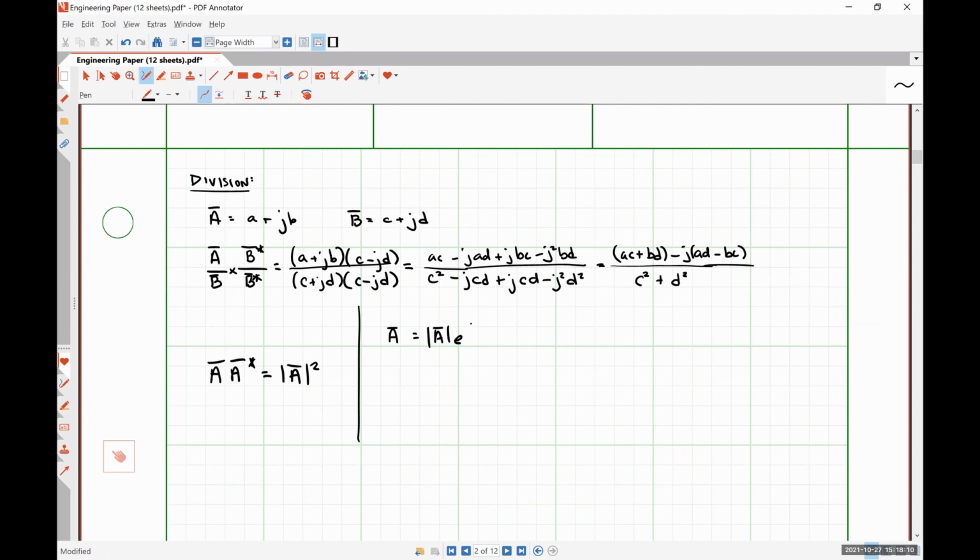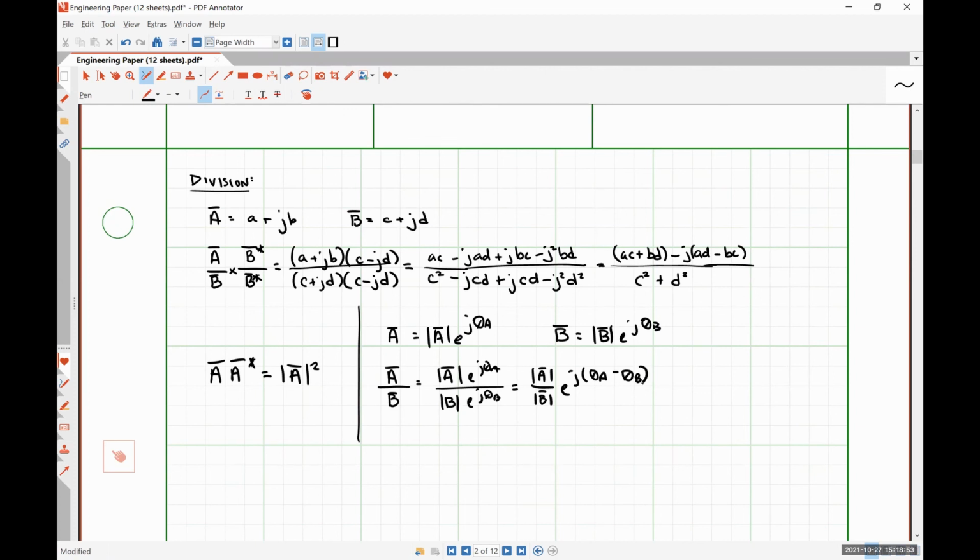Magnitude of a, e to the j theta a, and a complex number b is equal to the magnitude of b, e to the j theta b, a divided by b is just the magnitude of a, e to the j theta a, over magnitude of b, e to the j theta b, which is simply the magnitude of a divided by the magnitude of b, e to the j theta a minus theta b.